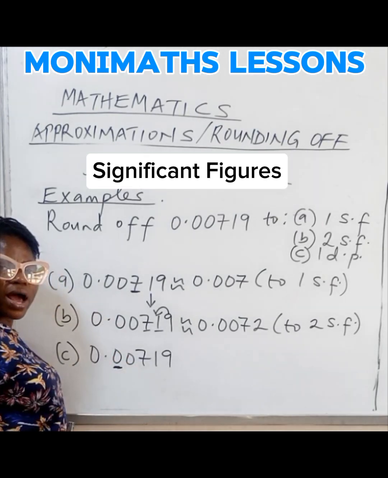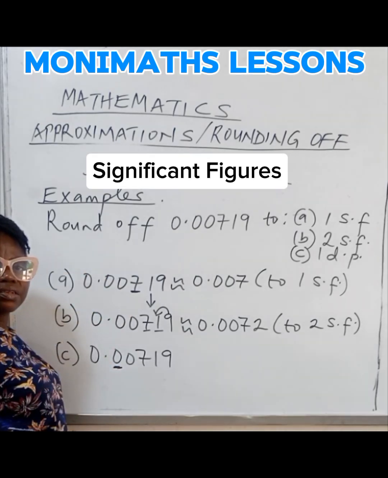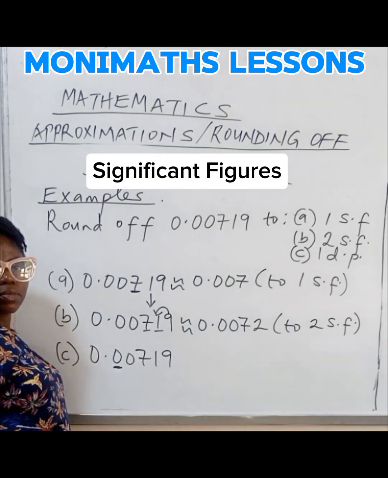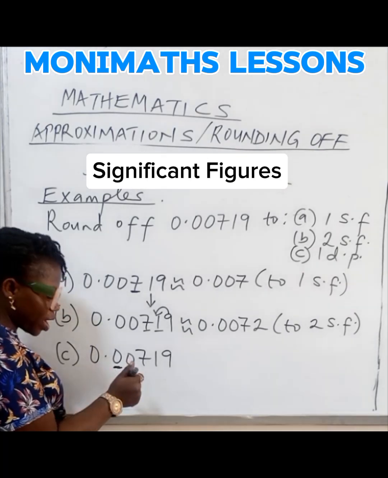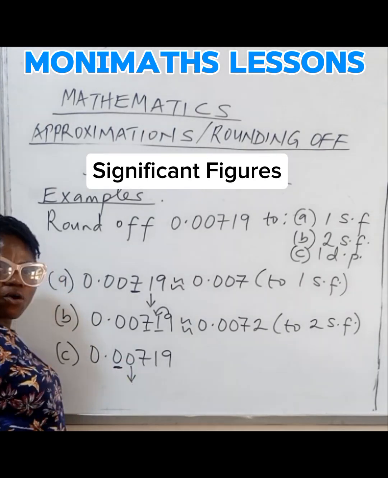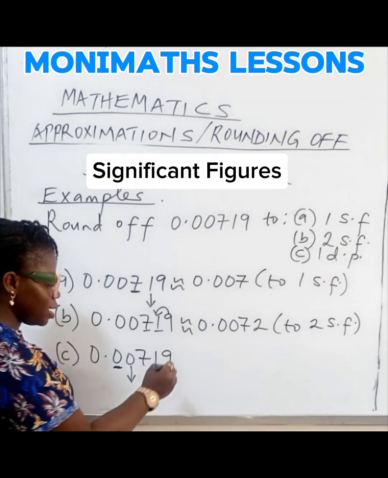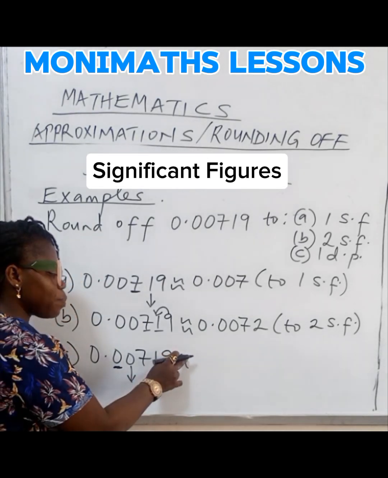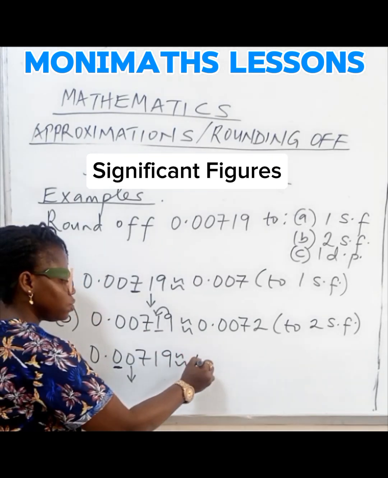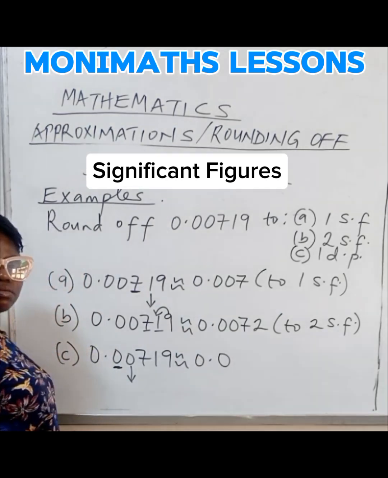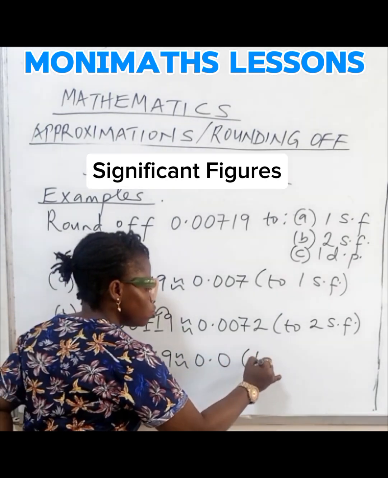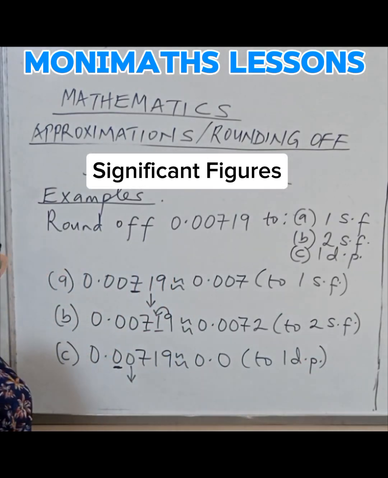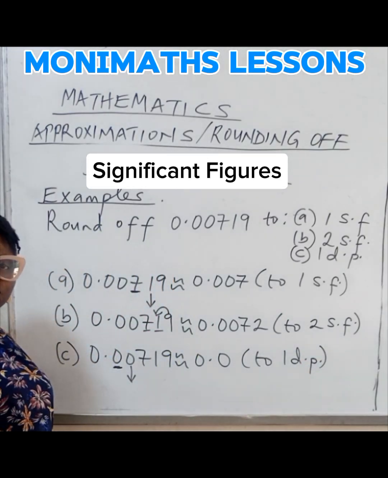If it is up to 5, it is rounded up upon it. If it is less than 5, it is rounded down. So this is not up to 5, it is rounded down. So for me to write my answer here, I will say 0.00719 is approximately equal to 0.0 to 1 decimal place. Isn't this wonderful?